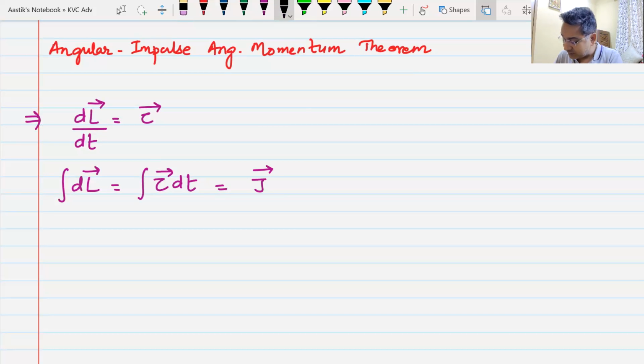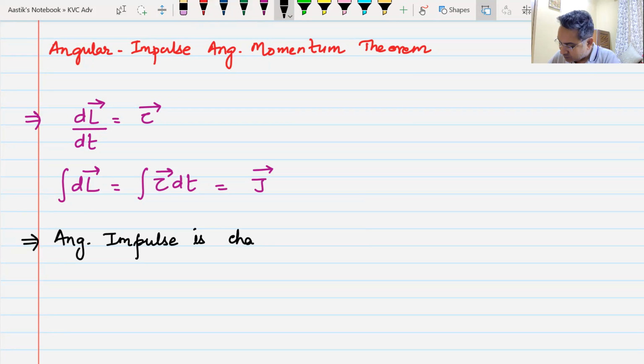So if someone asks you what is angular impulse, your angular impulse J vector is the change in angular momentum, and this angular impulse is doing the same job as what?